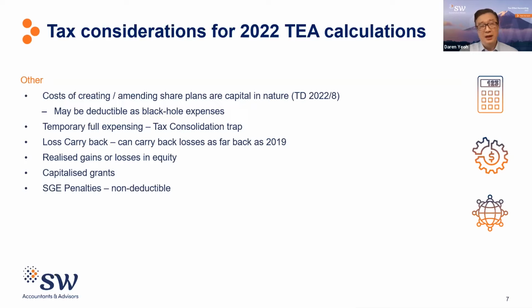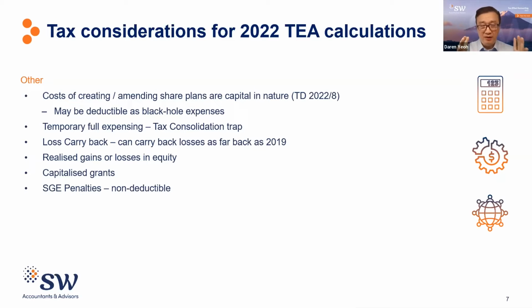Another trap that I want to mention is the temporary full expensing provision and how it relates to tax consolidation. As you recall, broadly speaking, if your global turnover is less than 5 billion, you can fully write off the cost of your depreciating assets. The concession ends in 2023. However, tax consolidation will remain. Now the trap is here.